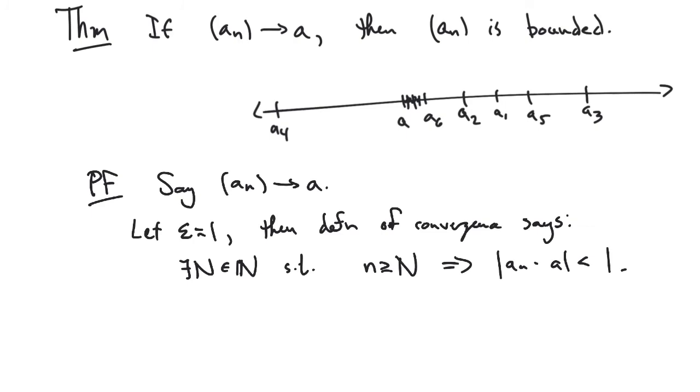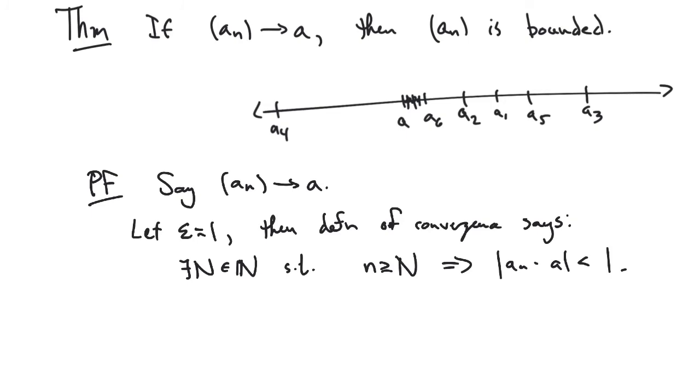I used 1 in the definition of convergence. Now, there's actually nothing special about using 1 in this proof. You can do this using any constant, but we might as well use 1. So what this means is, like I said on this picture here, the sequence might do some weird stuff at the beginning, but after a certain point, it has to be very close to A.